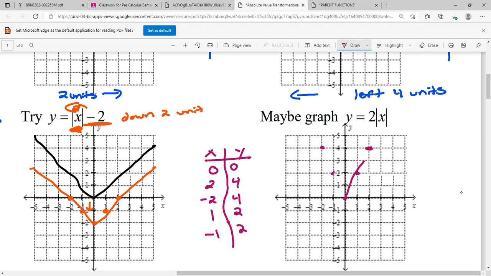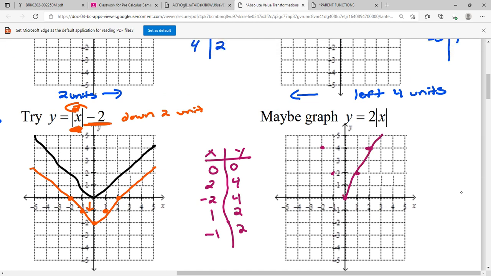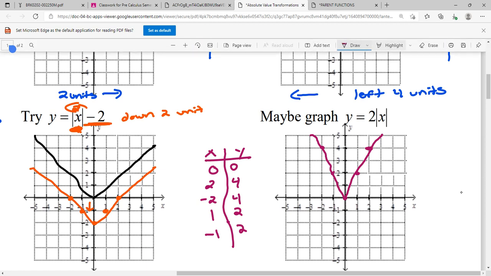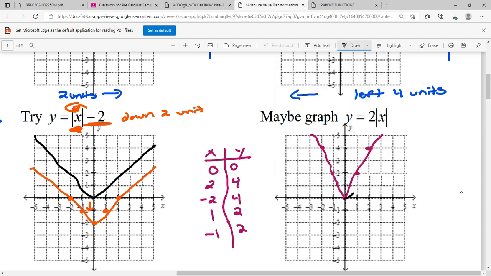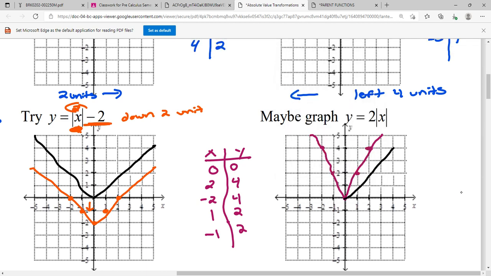Now, how did this change from our parent graph? If we put our parent graph on there, it goes like that. And this is just a shrink, right?